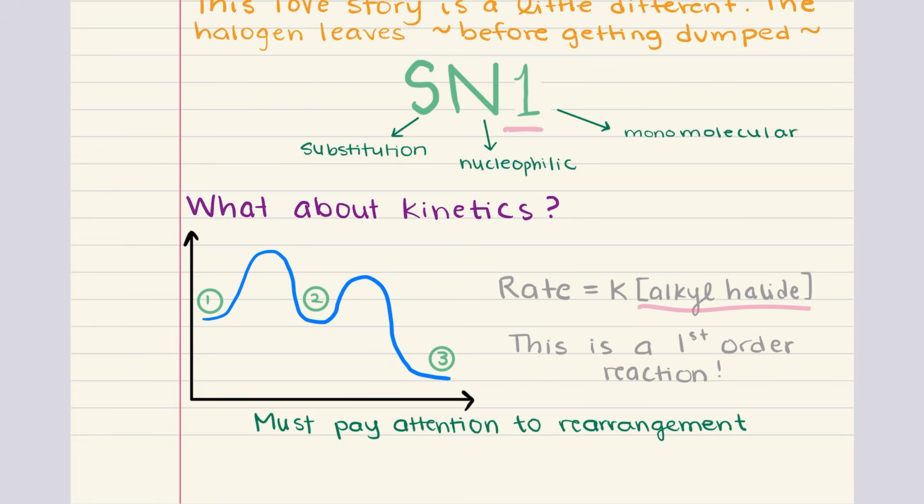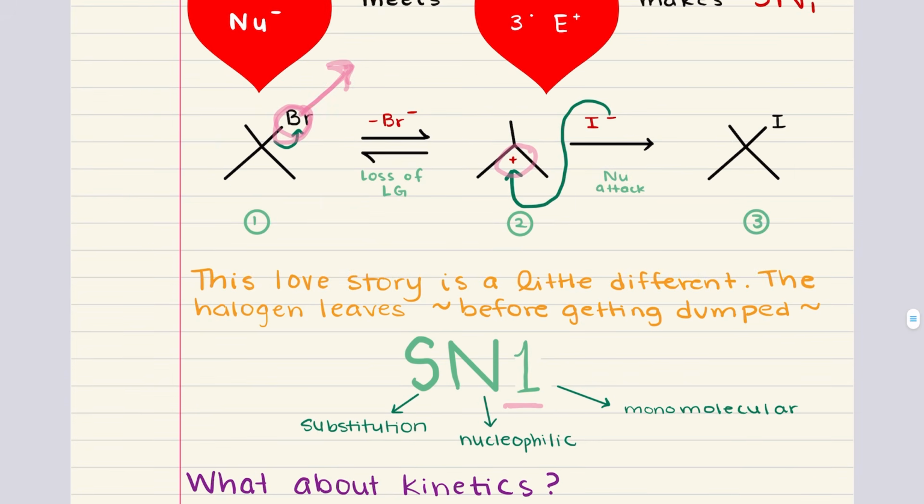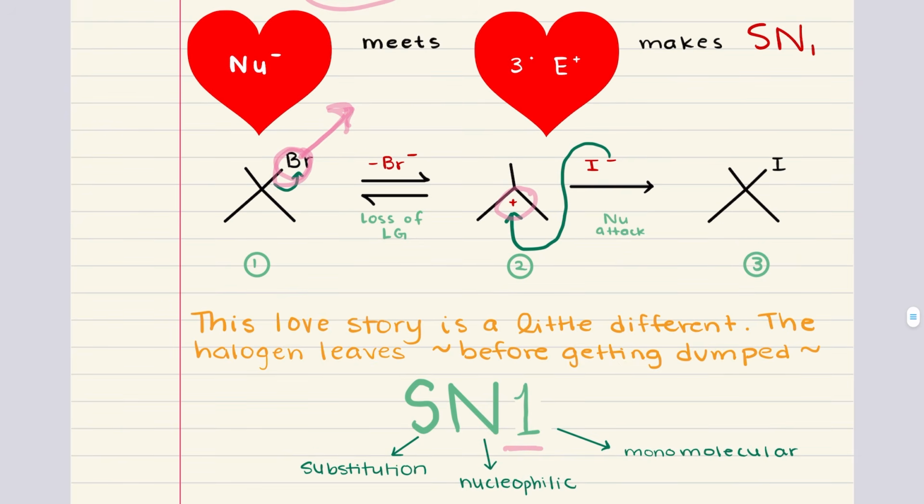Since forming a carbocation is required, this reaction is favored by substrates that generate a stable carbocation. Tertiary carbons, like the one you see here, are the most favorable for SN1 because they're surrounded by 3 alkyl groups that donate electron density and help stabilize the positive charge.